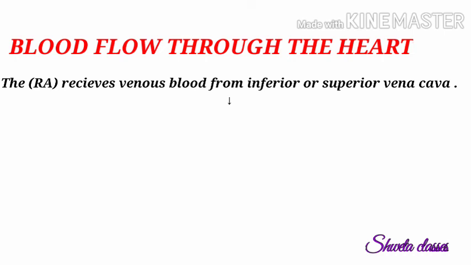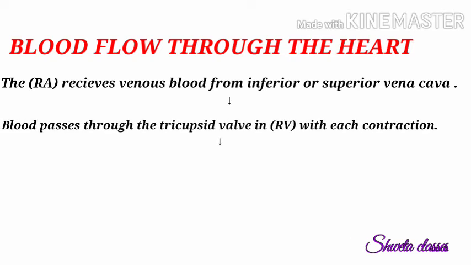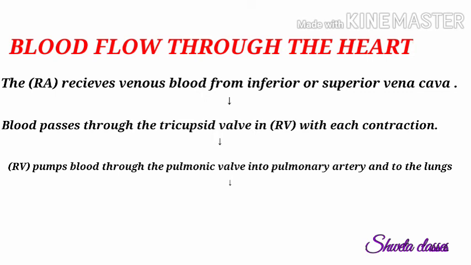Our next topic is blood flow through the heart. The right atrium receives venous blood from the inferior or superior vena cava. Blood passes through the tricuspid valve into the right ventricle with each contraction. Then the right ventricle pumps blood through the pulmonary valve into the pulmonary artery and to the lungs.